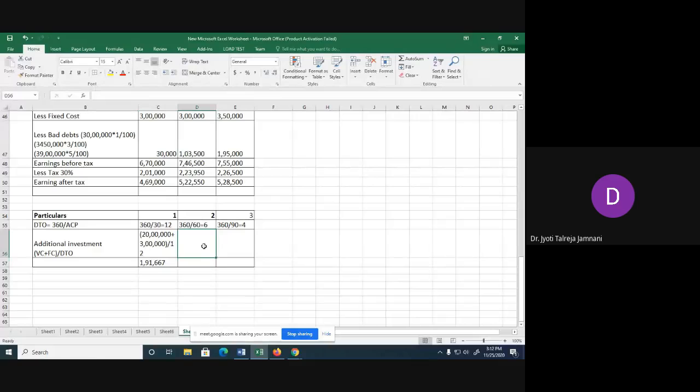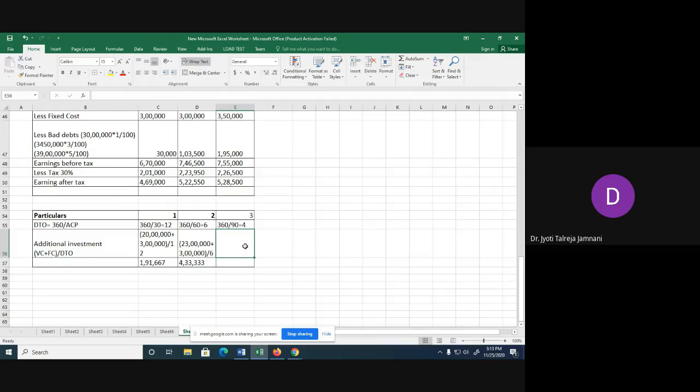Okay, next in the second case, variable cost is 23 lakhs plus 3 lakhs fixed cost divided by 6 times. 4,33,333.33. 4,33,333 we will take.